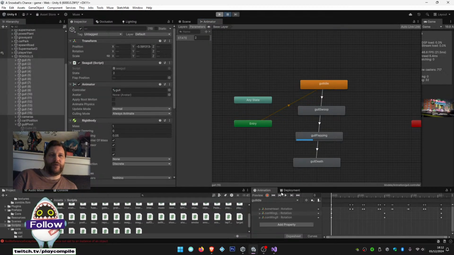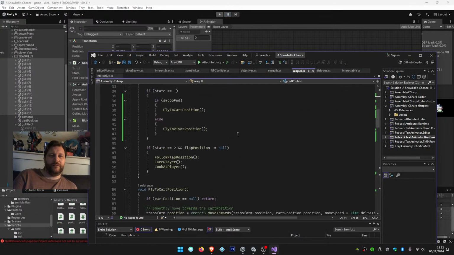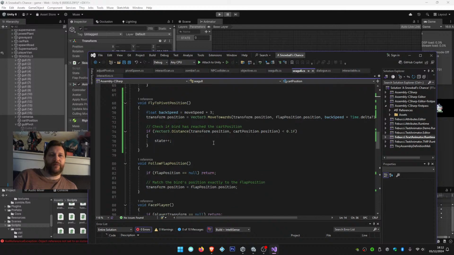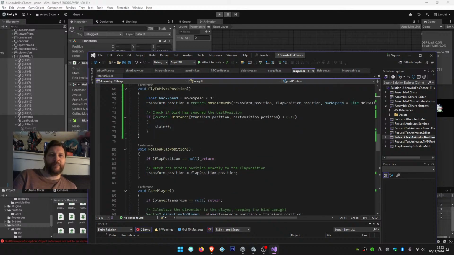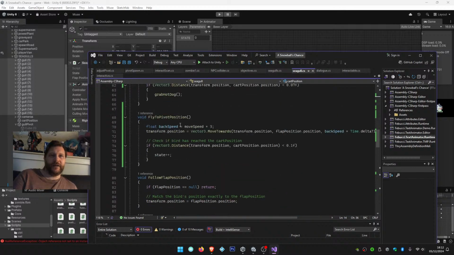So the first question is, why are they not going into state 2? That would suggest, because they get the hot dog, that their follow flap position, fly to pivot position, never reaches this. No, that can't be right. They're definitely going into state 2.